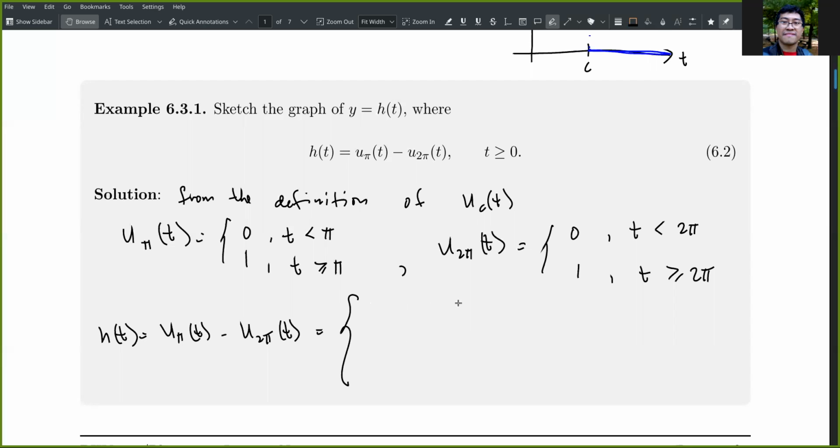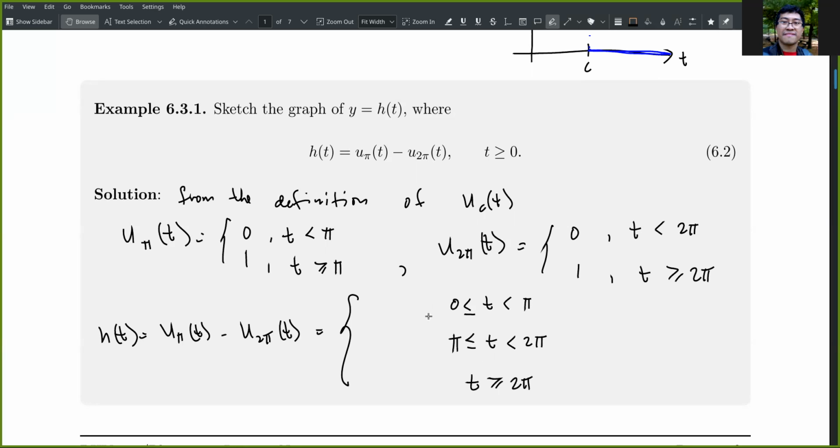So we have 3 intervals. The first is for t between 0 and pi. We also have t between pi and 2 pi, not including 2 pi, so not including the right inequality. And for t greater than or equal to 2 pi.